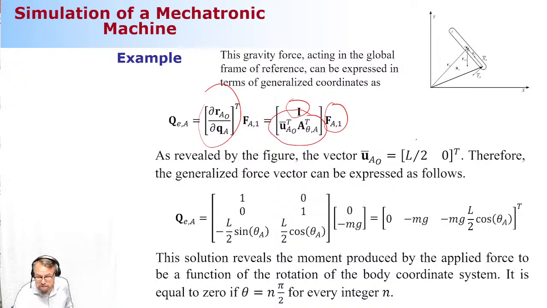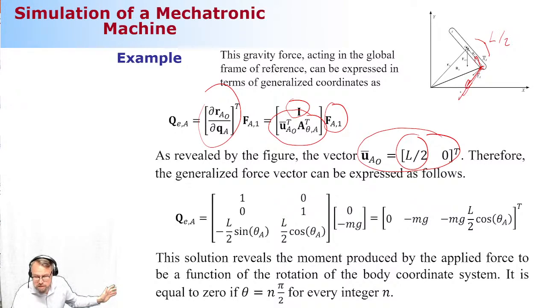And when I'm using the information about where the point where the force is applying is, with respect to my body coordinate system, the vector U bar, then I have all the necessary information. So the vector U bar is L divided by 2, because look where the body reference coordinate system is located. And this length here is L divided by 2. And in this y direction, I need to move 0 coordinates.